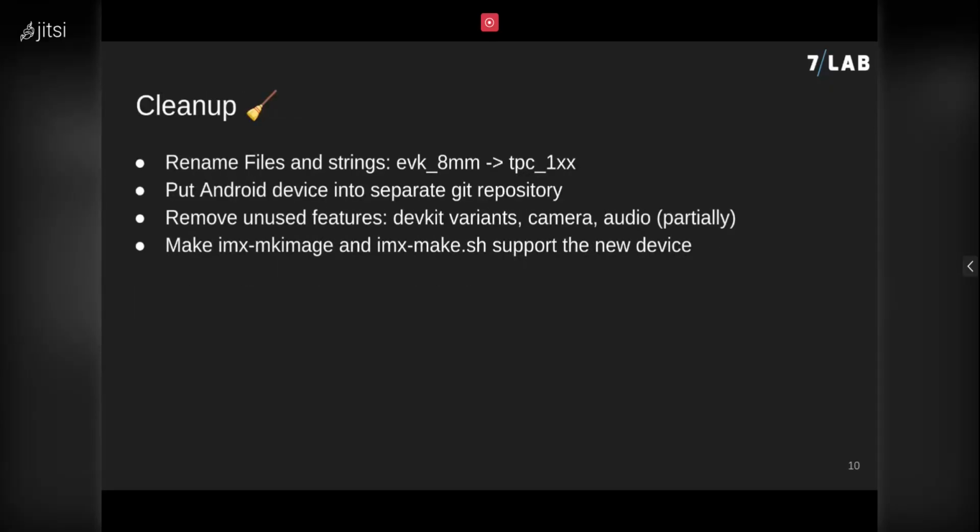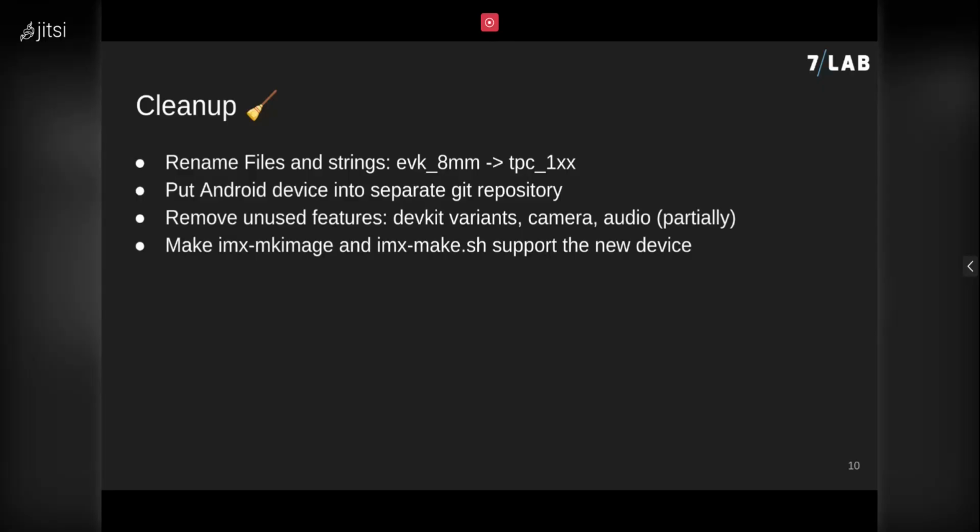And now it was time to do actual cleanup of the code for all of it, like the bootloader, the kernel, and Android itself. The first step is of course to rename everything from the devkit files to our own device and put it in a separate Git directory where we have our changes, so we don't have to modify other projects' code anymore.